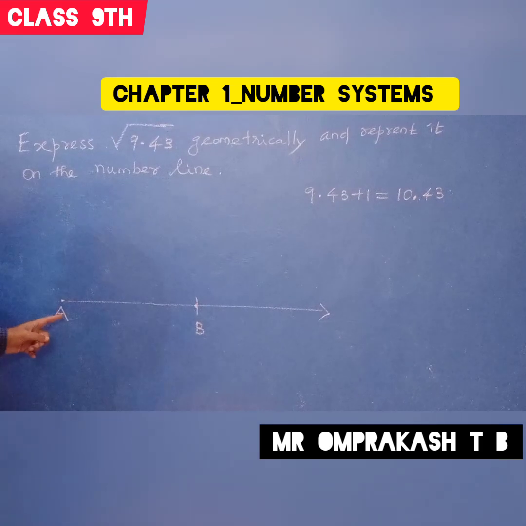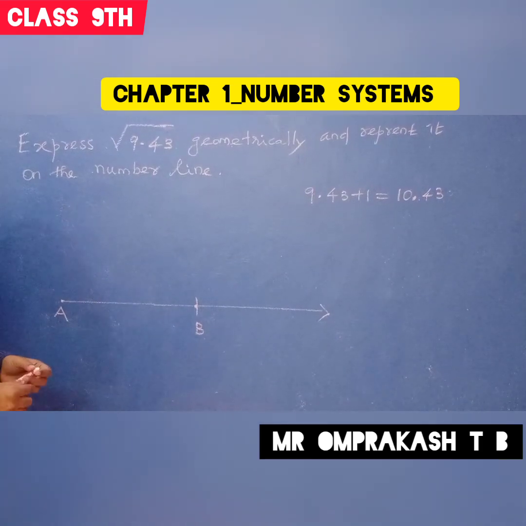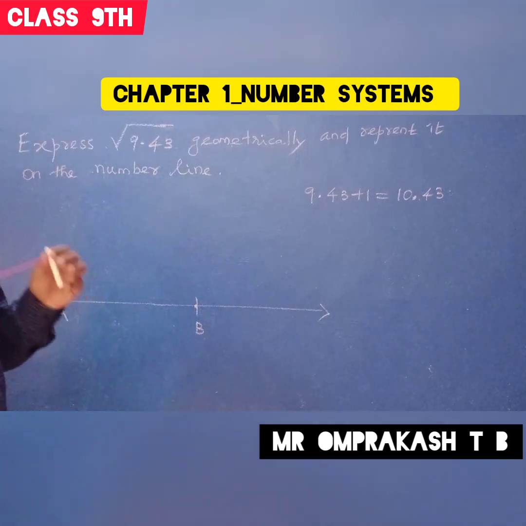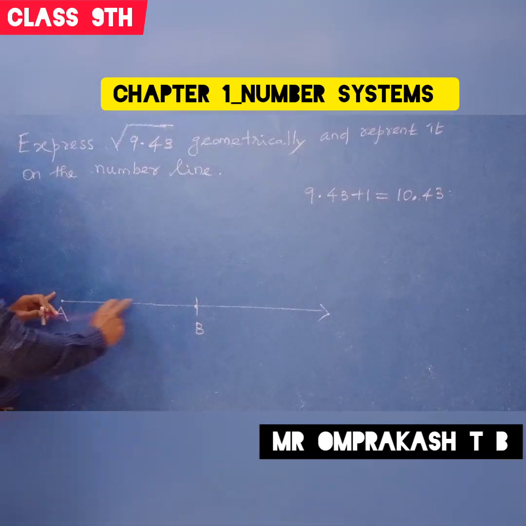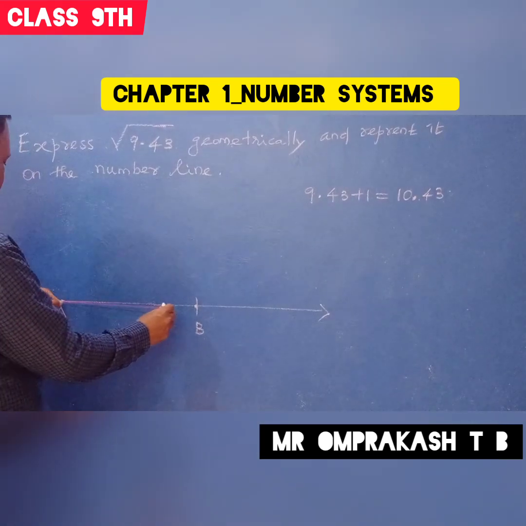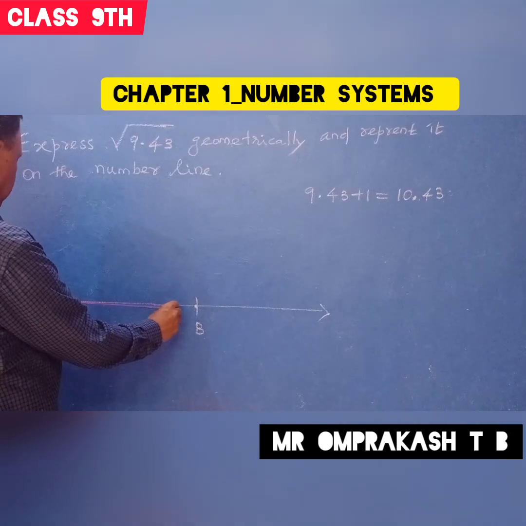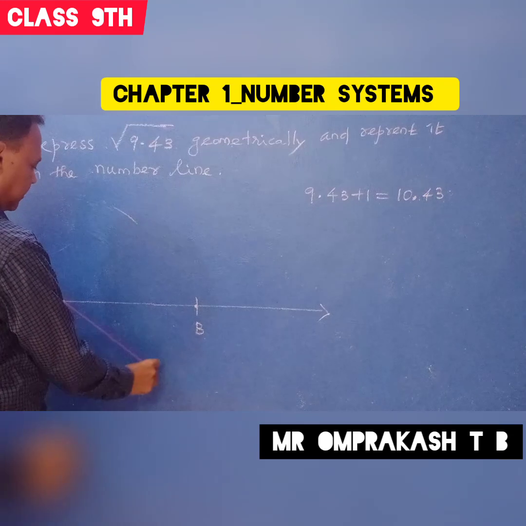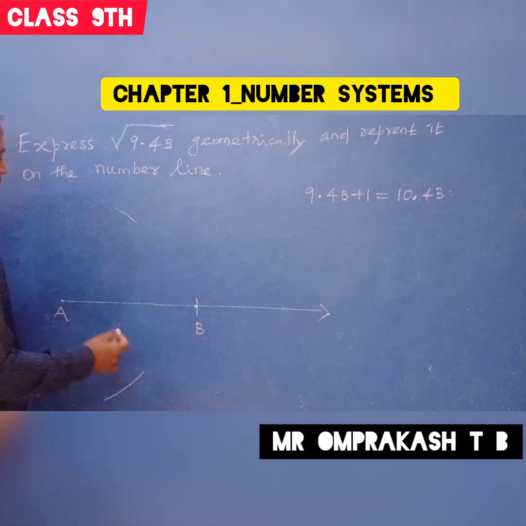For the perpendicular bisector, remember to take a radius more than half of this line segment. Take the radius like this, then draw the arc up and down.